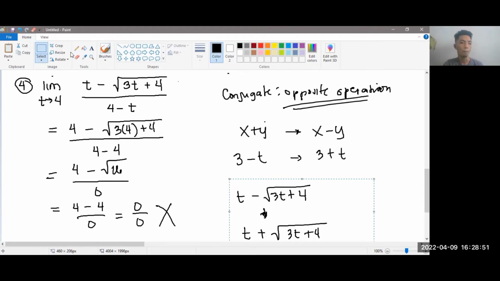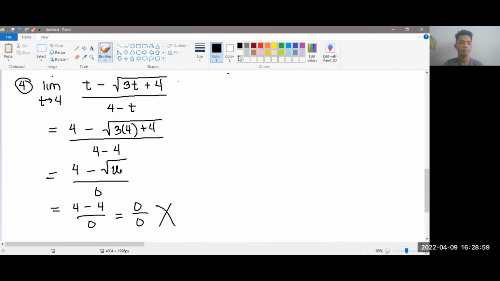So, here we go. Ganito siya gawin. So, ibig sabihin, we need to multiply it by (t plus square root of 3t plus 4) all over (t plus square root of 3t plus 4).